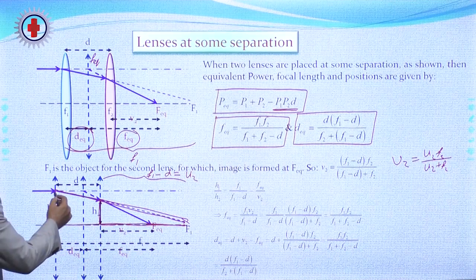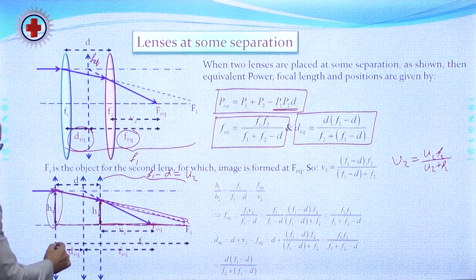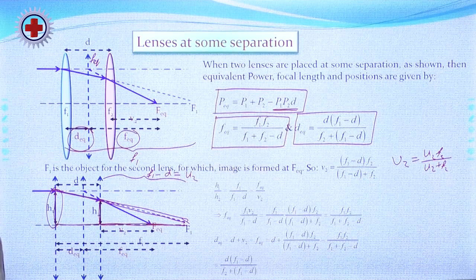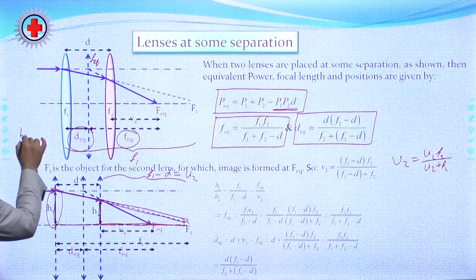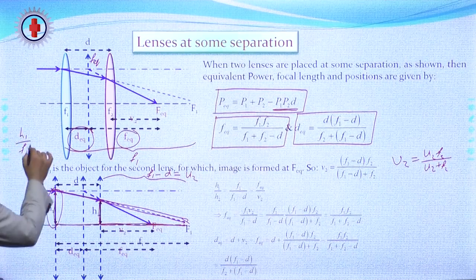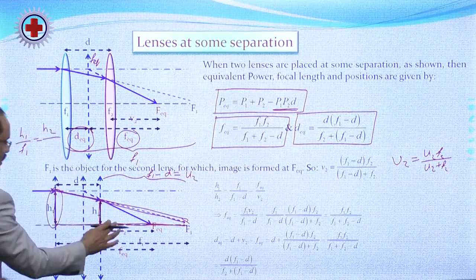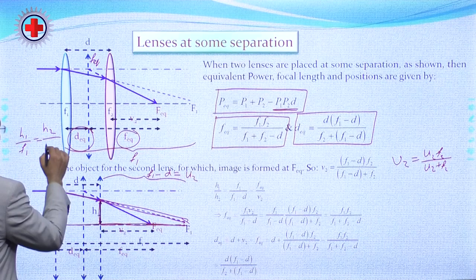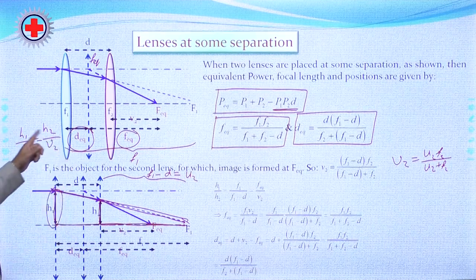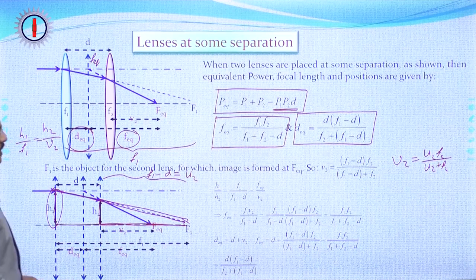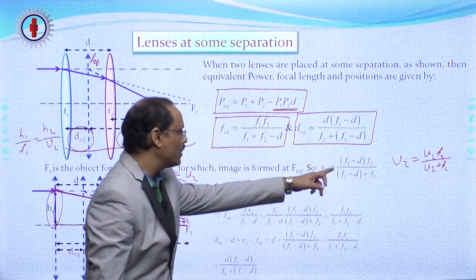So, the ratio of height and base means h1 by this particular distance f1 is equal to h2 by v2. So, h1 by h2 will become f1 by v2, and v2 we already got.